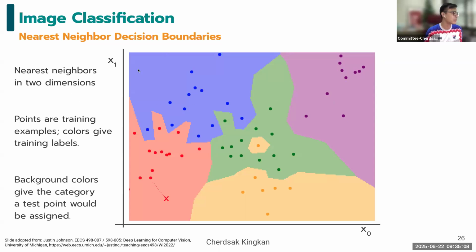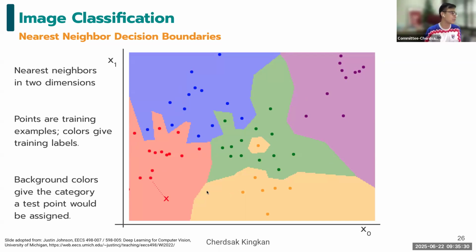This is the image of nearest neighbor in two dimensions, right? Each point here is a training example, and we give a label for each training example. The different colors belong to different classes or categories of the sample.